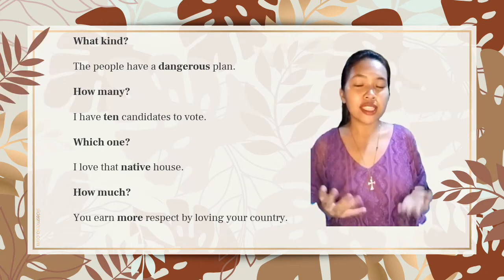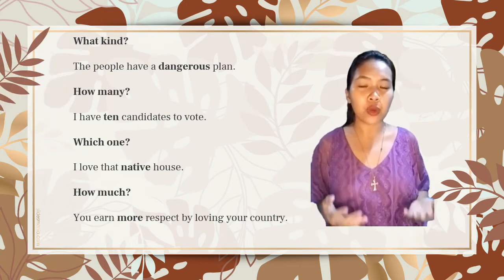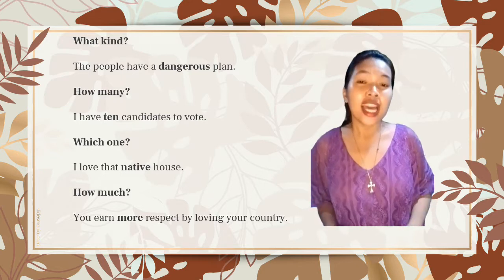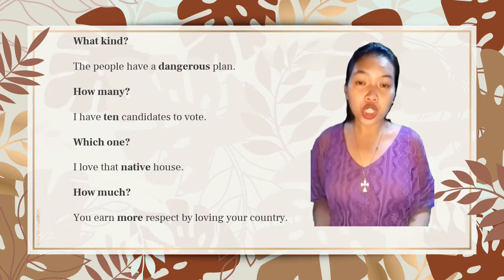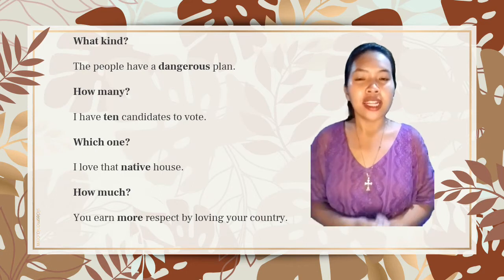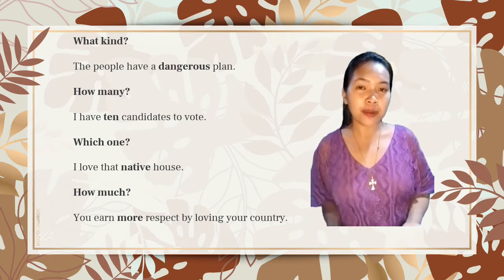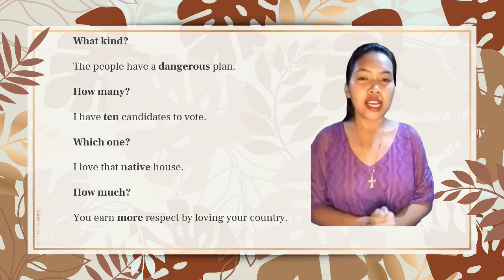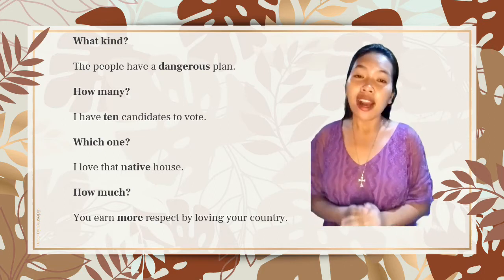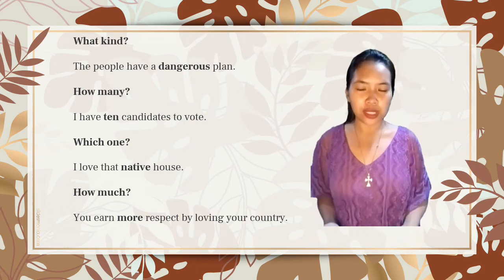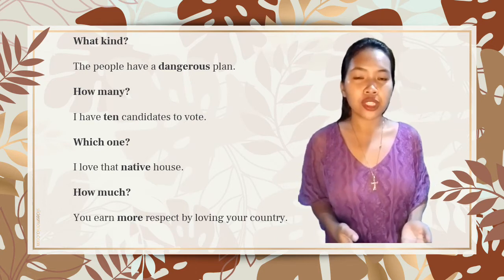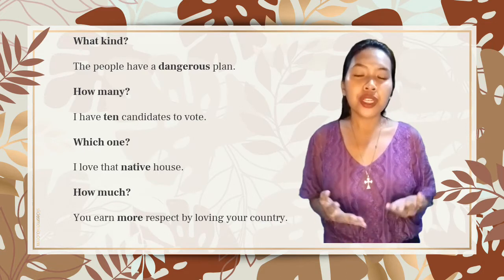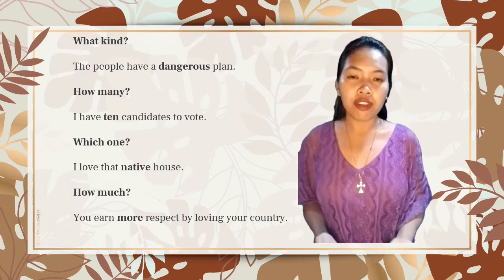So let's have some examples for the question what kind. The people have a dangerous plan. Next, for the question how many, I have 10 candidates to vote. And to the question which one, I love that native house. And for the question how much, you earn more respect by loving your country.